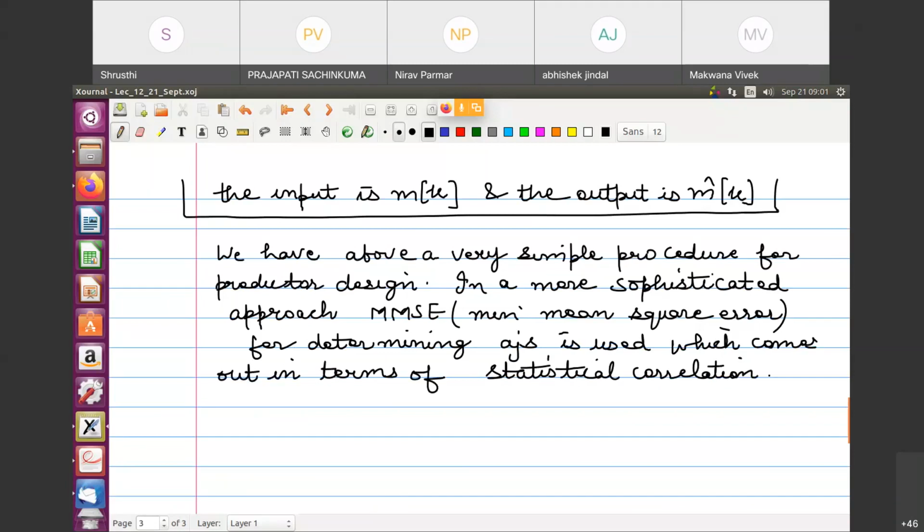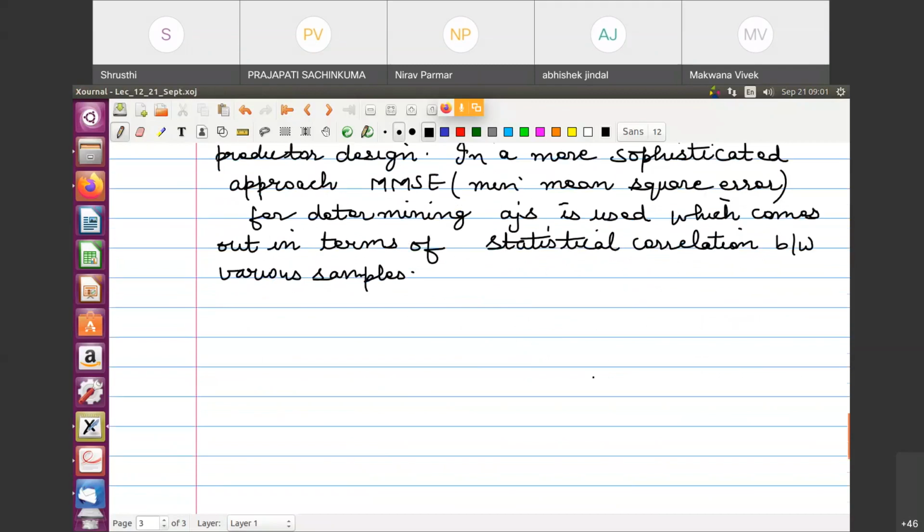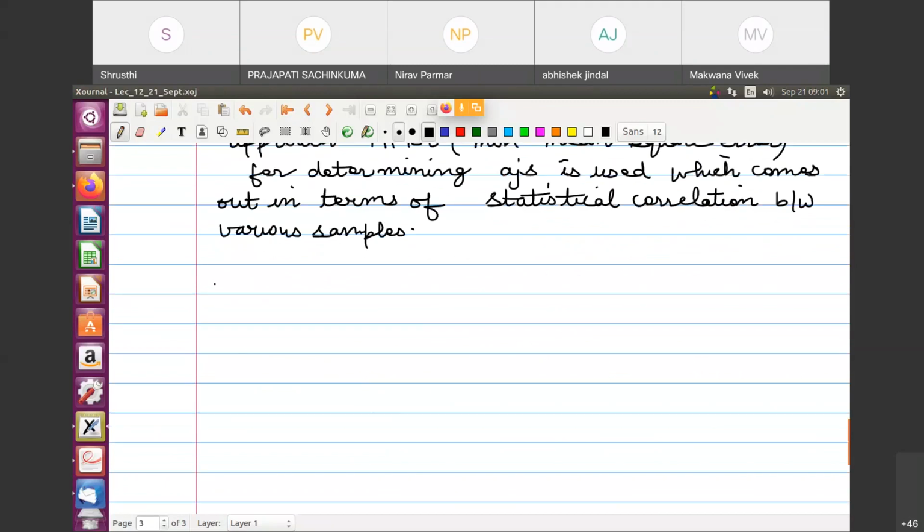Anyways, that derivation is part of filter theory, adaptive filter theory. There is a branch of signal processing where we do these things extensively, okay, between various samples. Anyways, for those who know this, they can definitely read this derivation from the textbooks. You are most welcome, and if there is any issue, you can discuss it with me in a separate session.